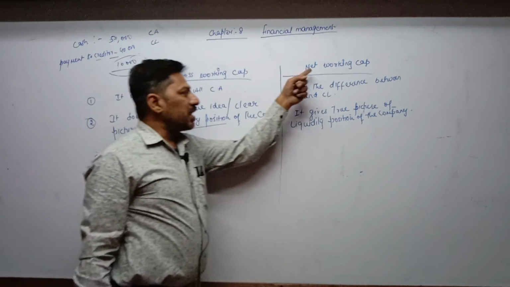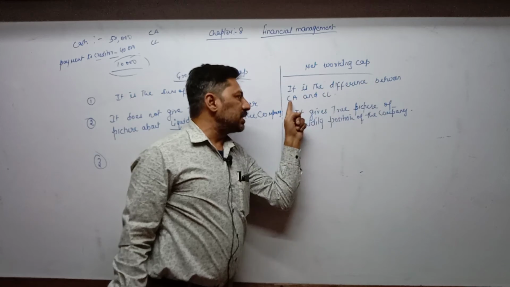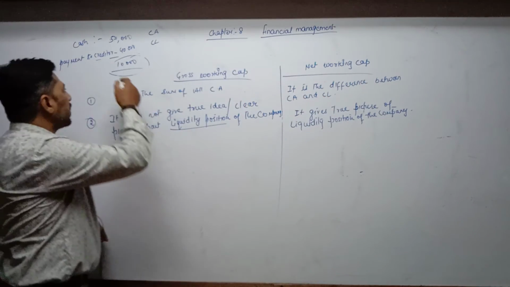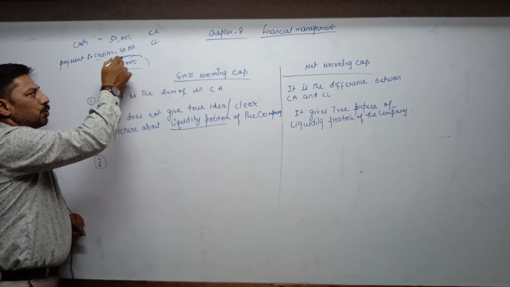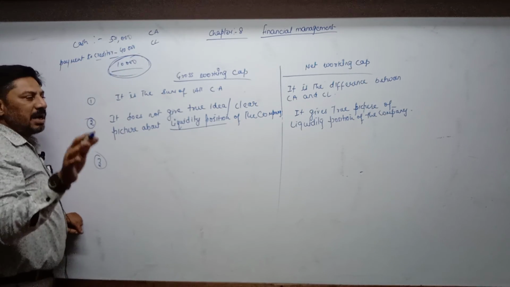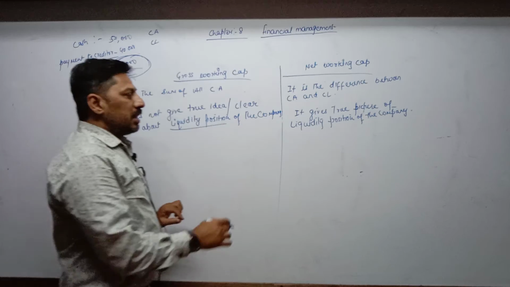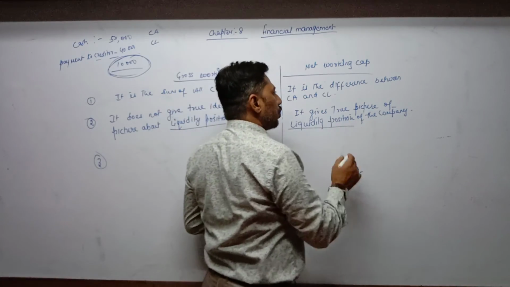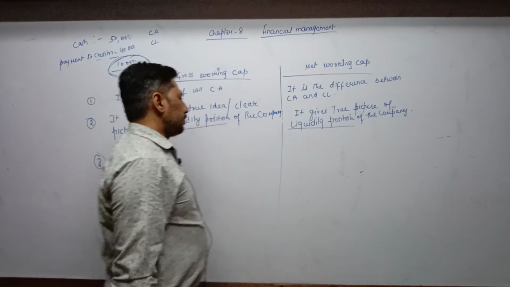But in case of net working capital, it is the difference between current asset and current liability. That's why after deducting current liability, we are able to know how much cash is available with the business unit on a particular date. Means we are able to know the liquidity position of the company through net working capital.